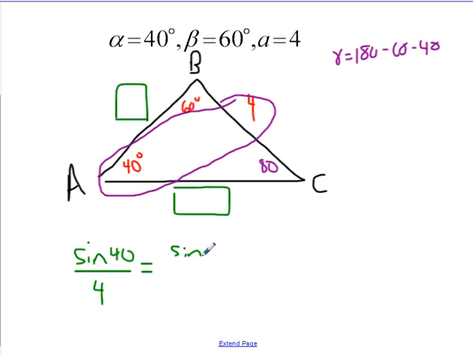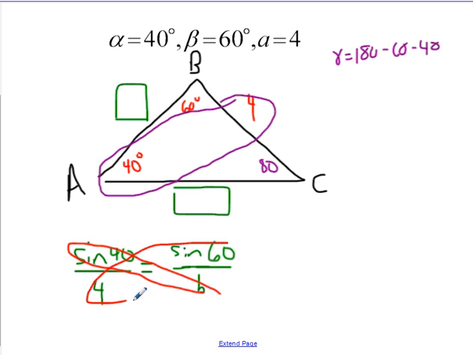And then I want the sine of 60 over side length B. So that's kind of a goofy looking B. So over B. So then how do you solve something like this where you have a fraction equal to a fraction? This is where you cross multiply.